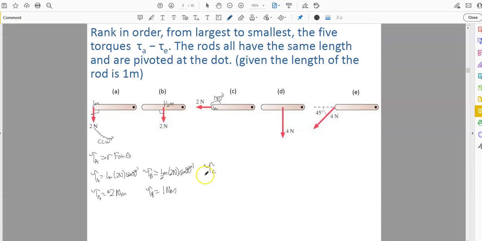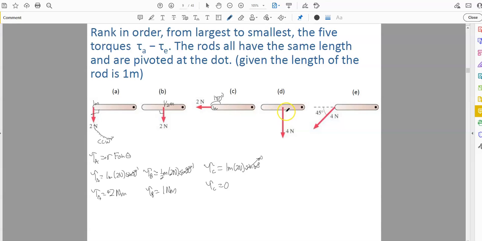So that's torque C. If we just go by the math, we know it's not going to apply a torque, and this should work out to be 0. But let's make sure. That's 1 meter away, and it's 2 newtons times the sine of 180 degrees. Well, sine of 180 degrees is just 0, so torque C is going to be equal to 0.